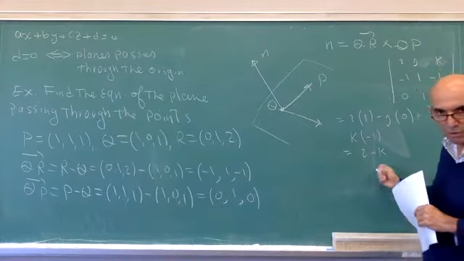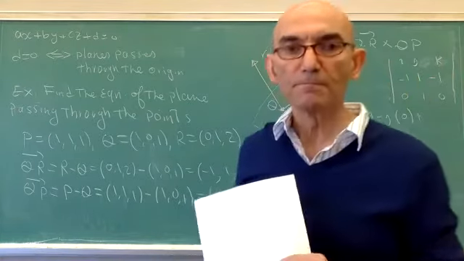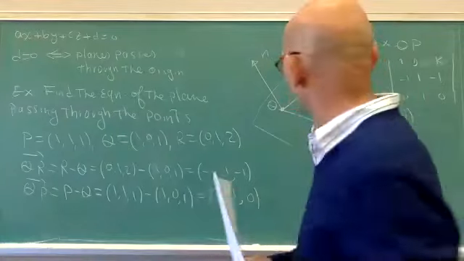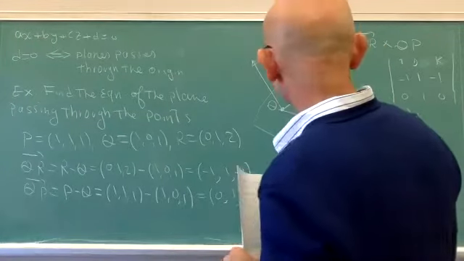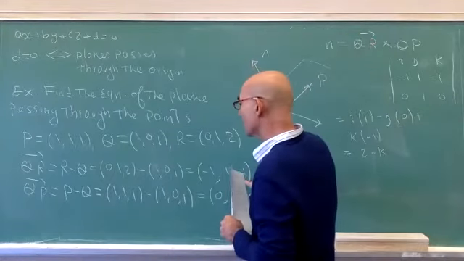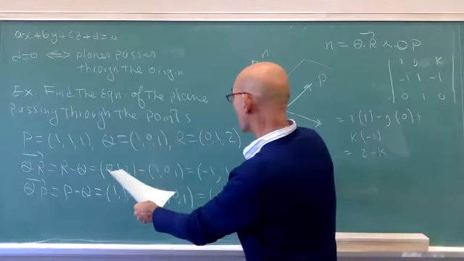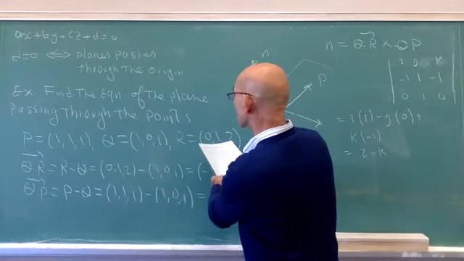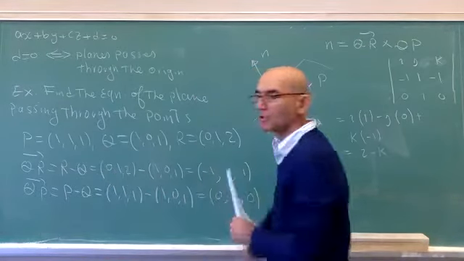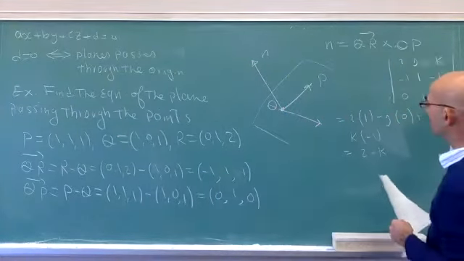Should the z component for QR be positive 1, not negative 1? R minus Q, R is 2. Yes, thank you so much. Excellent.